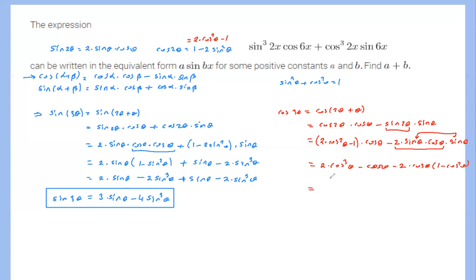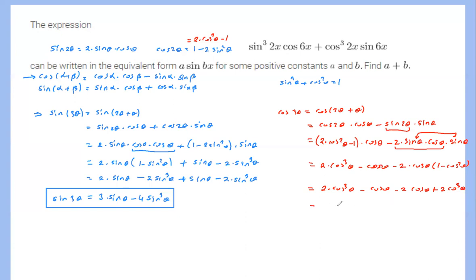And let's clean a bit. So 2 times cosine cube theta minus cosine theta. And if you expand this with the parentheses, you will get minus 2 cosine theta, and then this is also negative, that will be plus 2 times, cosine times cosine squared will be cosine cube theta.